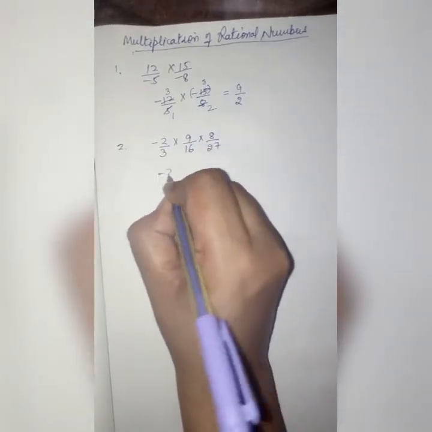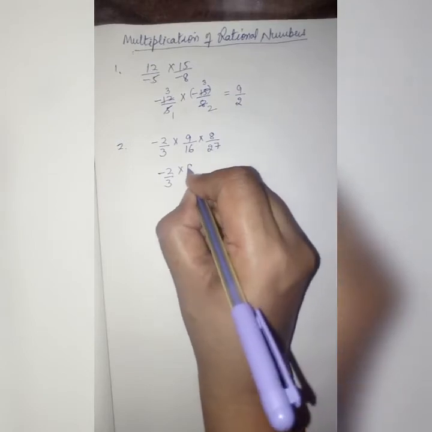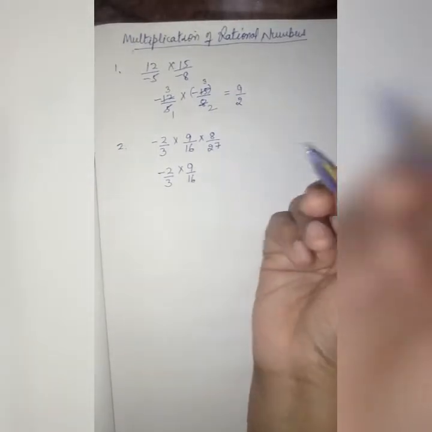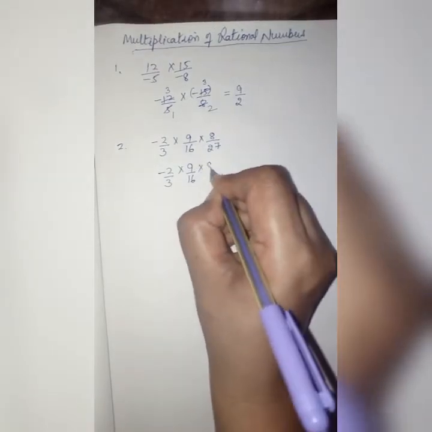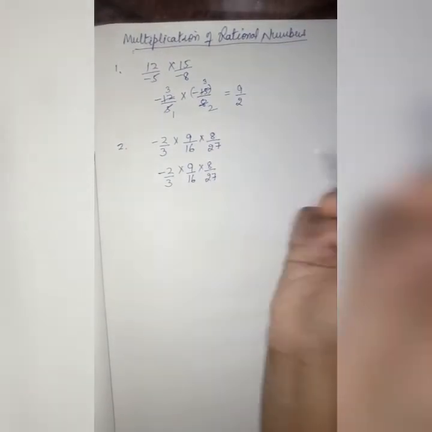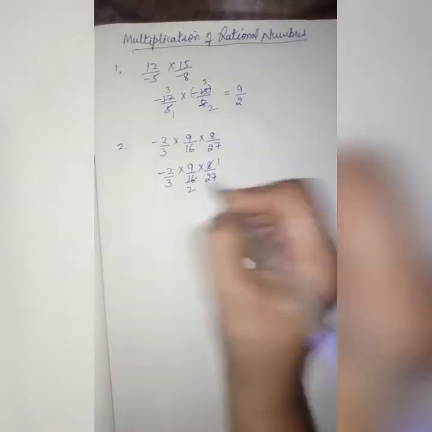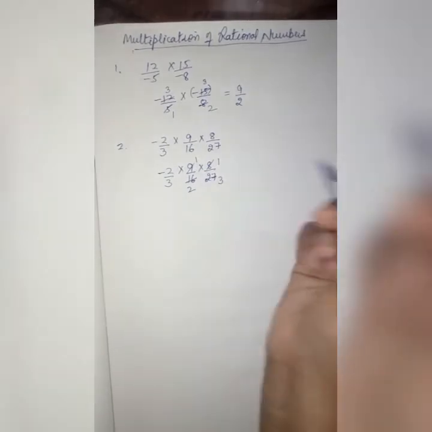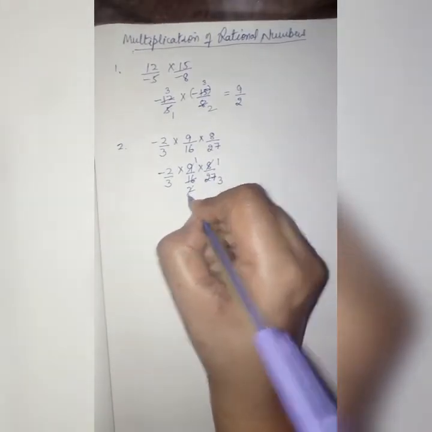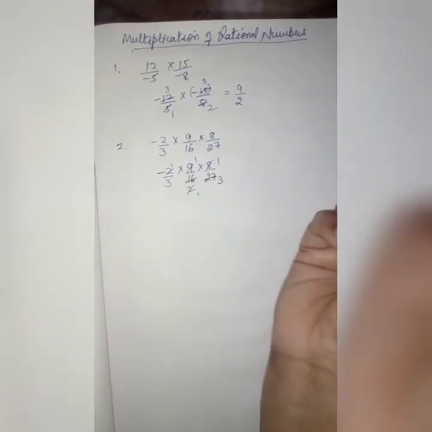So what will you do? You will just see if you can simplify these, you will simplify. Otherwise you will multiply all the numerators and then all the denominators. So you can see here 8 1s are 8, 8 2s are 16, 9 1s are 9, 9 3s are 27, 2 1s are 2 and here also 2 1s are 2.